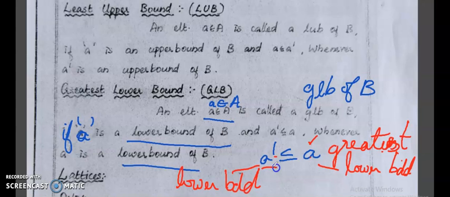So a is also a lower bound, a dash is also a lower bound, but a is greater. That means a dash is less than or equal to a, so this a is called the greatest lower bound.